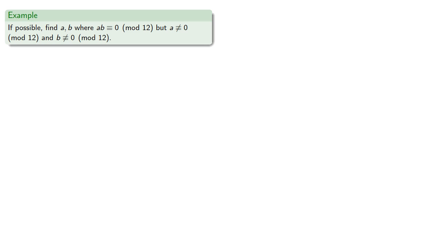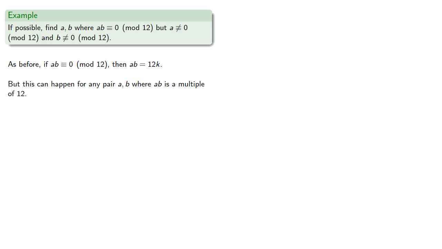Now, if we're not dealing with primes, this doesn't always hold true. So we might try to find a product of two numbers that's congruent to 0 mod 12 where neither one is 0. So as before, if the product is 0, then the product is a multiple of 12. But this can happen for any pair where the product is a multiple of 12.